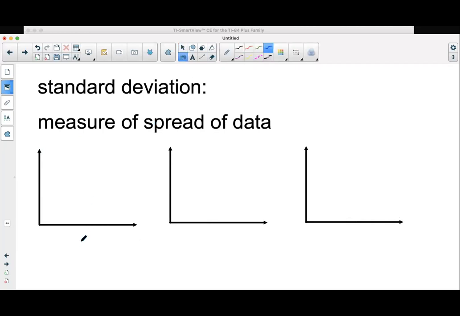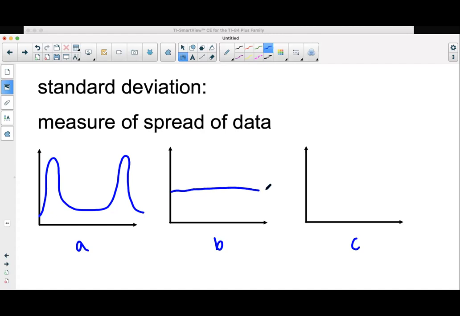So I'll say this is A, this is B, C. Which out of the three pictures has the highest standard deviation, and which one of the three has the lowest standard deviation? Okay? So the first group is, second group is, third group is, okay?